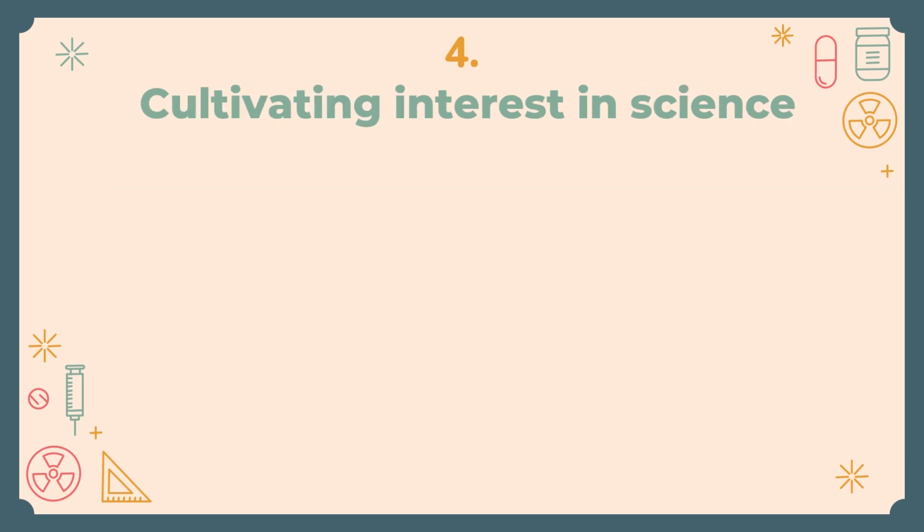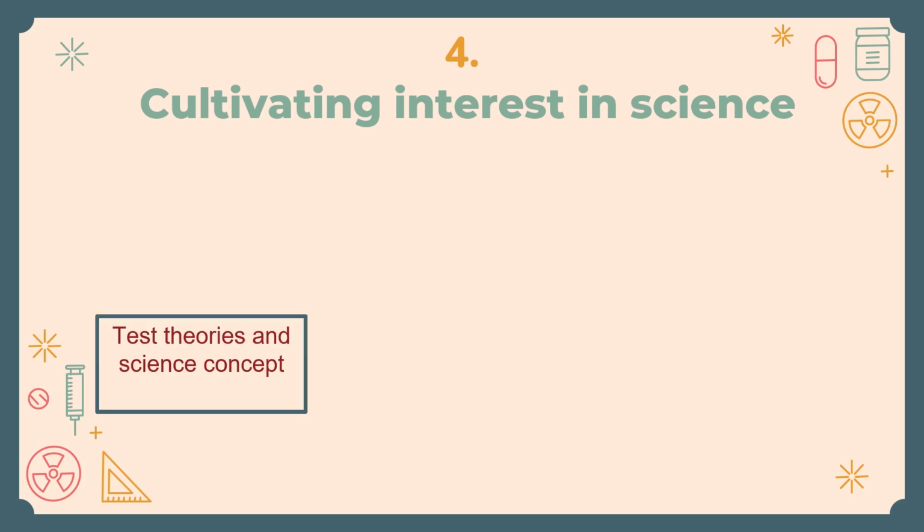Okay, let's move to the last positive effect of teaching science using experiment and laboratory skills, which is cultivating interest in science. Experimenting can build interest in science among students because students can test theories and concepts to gain a better understanding of the subject matter.